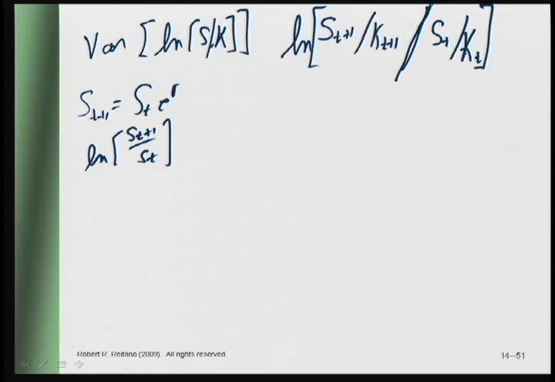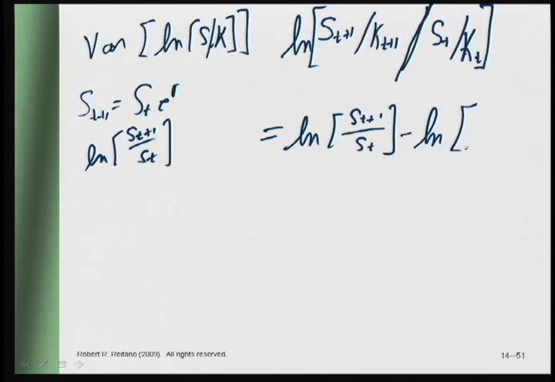Now, by virtue of logs, this is equal to the log of S(t+1) over S(t) minus the log of K(t+1) over K(t). So the standard deviation that we're looking for, sigma, let's work with variance, because then we don't need a square root.